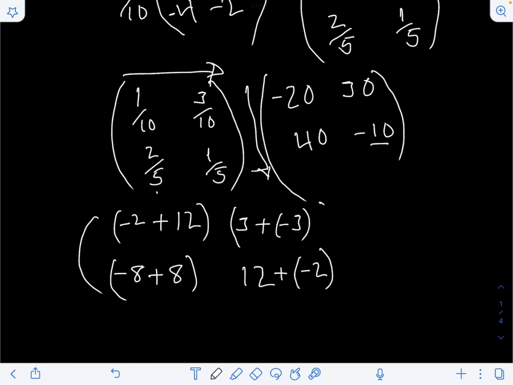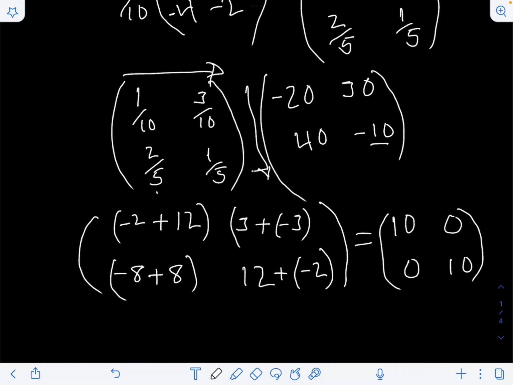So what's our final answer? Negative 2 plus positive 12 will give us positive 10. Positive 3 plus negative 3 will give us 0. Then negative 8 plus positive 8 will give us 0 as well. Then 12 plus negative 2 will give us positive 10.